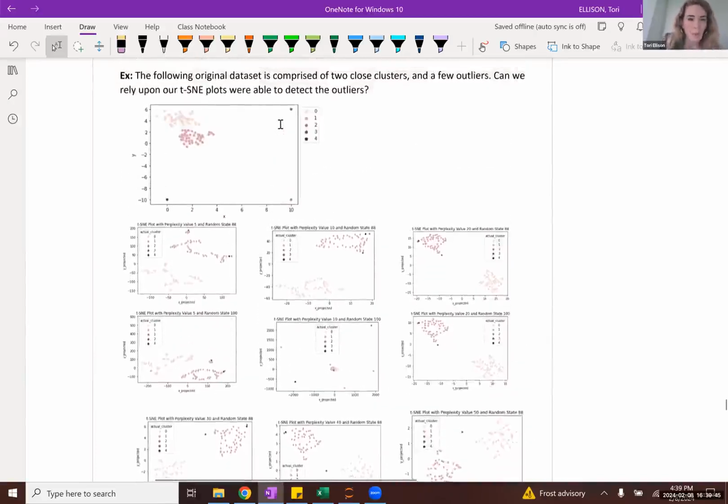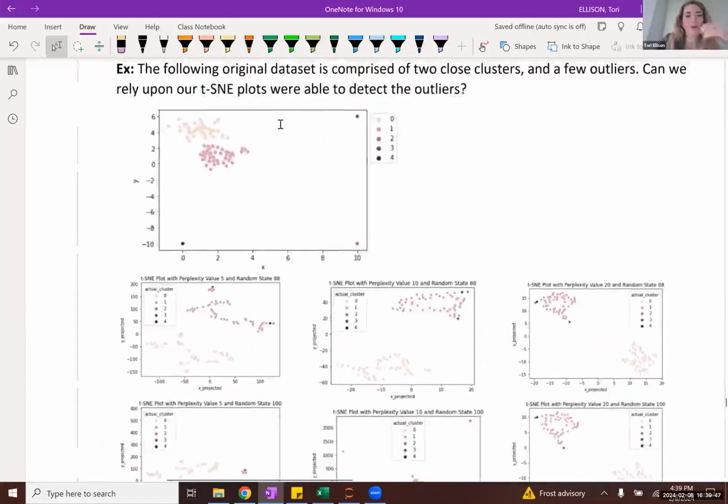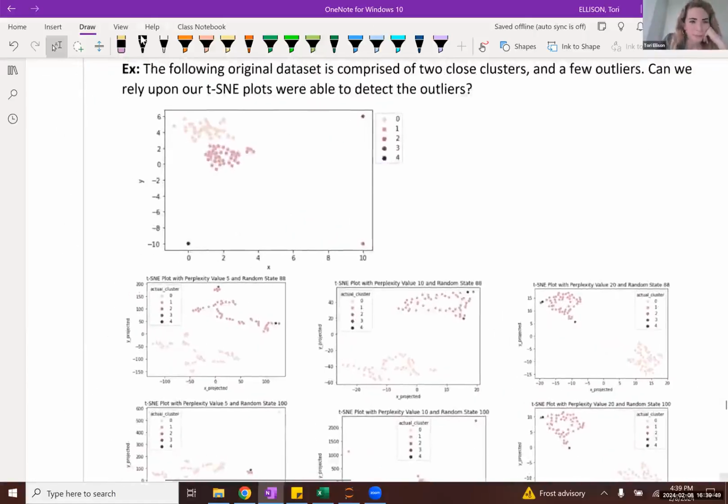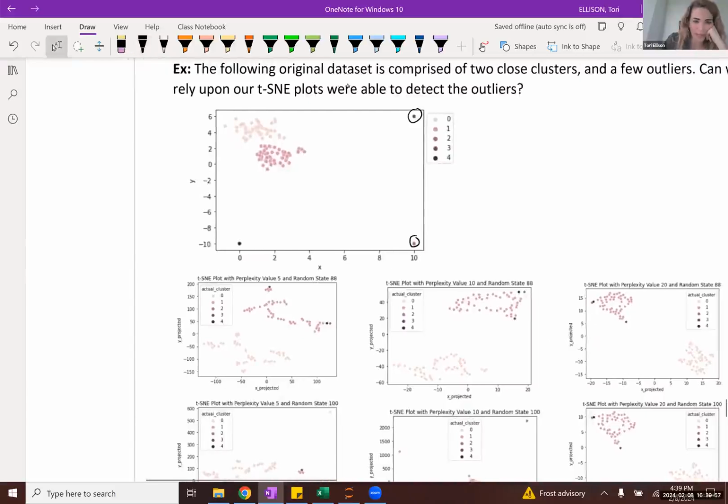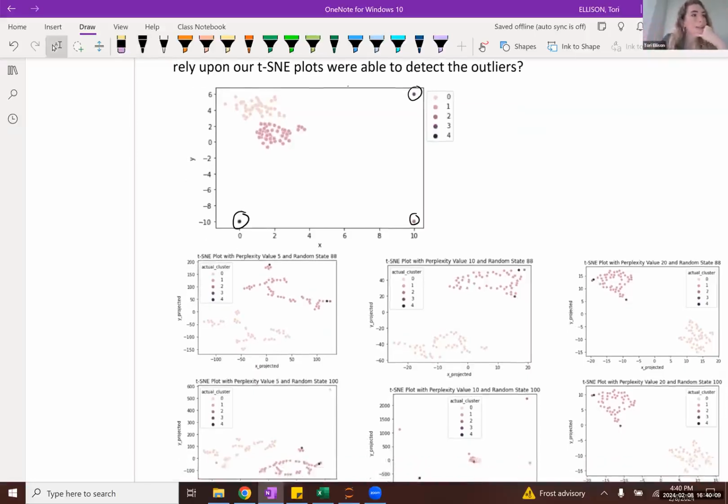Okay, so what you want to remember, and we've been discussing this already, is that because the t-SNE plot forces an observation to be close to its nearest neighbors, whatever the perplexity value of nearest neighbors is, usually outliers end up getting forced into larger clusters.